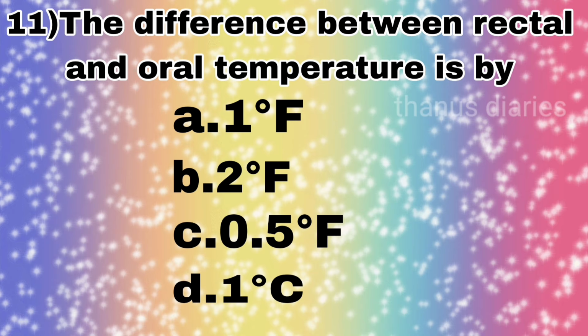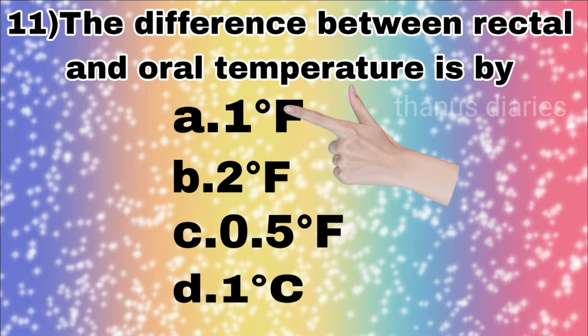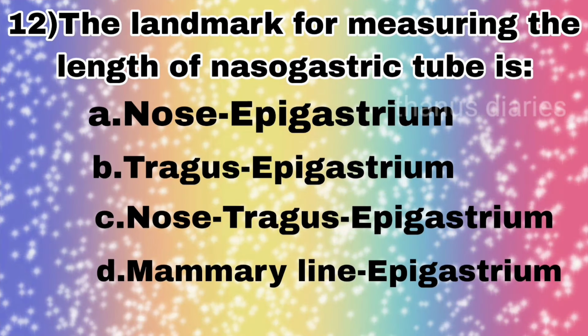Next question. The difference between rectal and oral temperature is by 1 degree Fahrenheit. Difference between rectal and axillary temperature is 2 degree Fahrenheit. Next, the landmark for measuring the length of nasogastric tube is nose epigastrium, tragus epigastrium, nose tragus epigastrium, mammary line epigastrium.